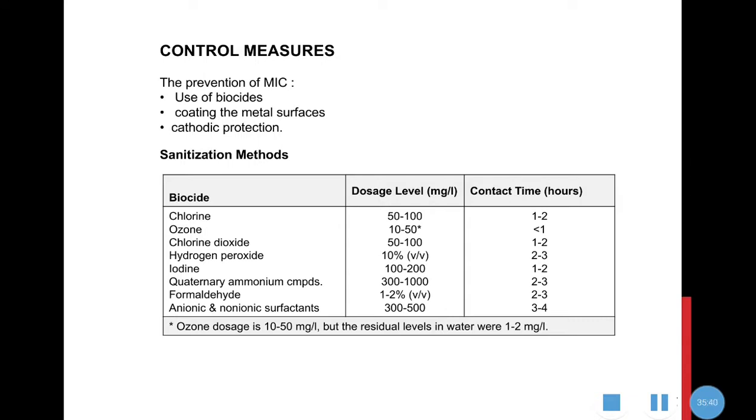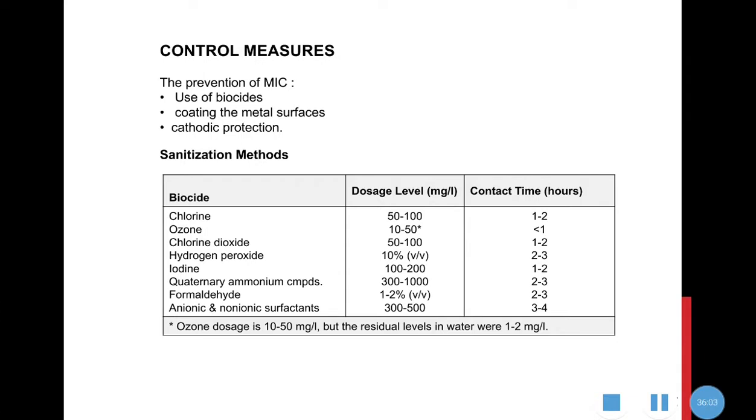Ini adalah antara method yang kita gunakan. Kita juga boleh guna inhibitor. Okay, mungkin waktu nota ni dibuat dia terlupa pasal inhibitor. Okay, normally kita untuk MIC ni kita guna coating lah yang famous untuk buat MIC ni.